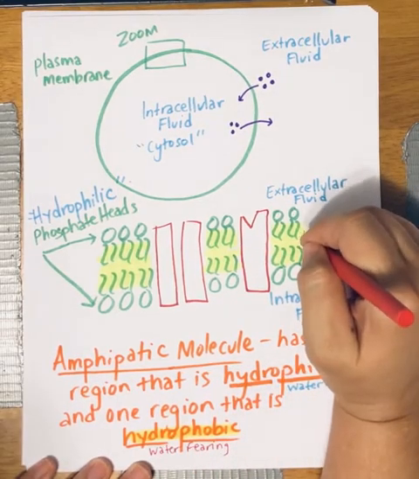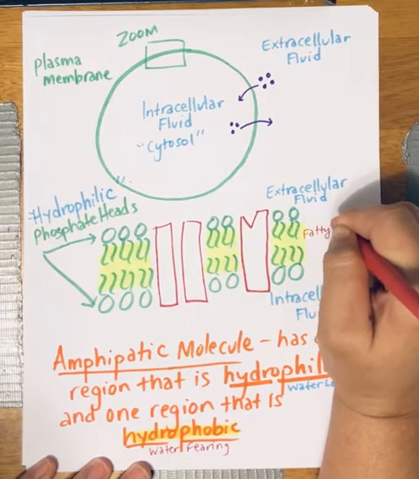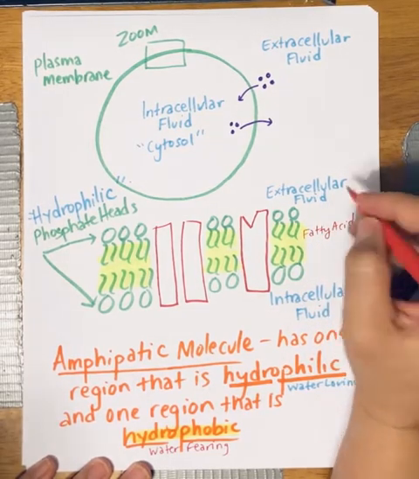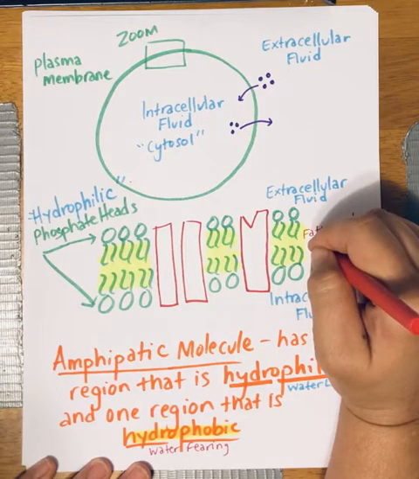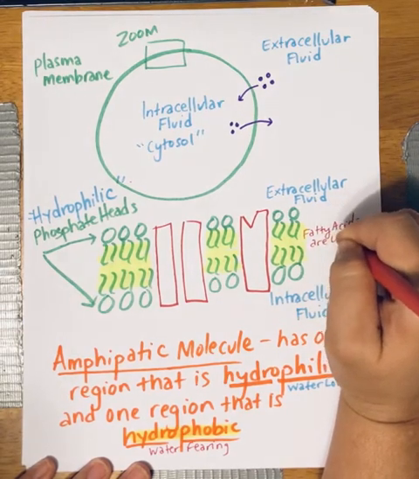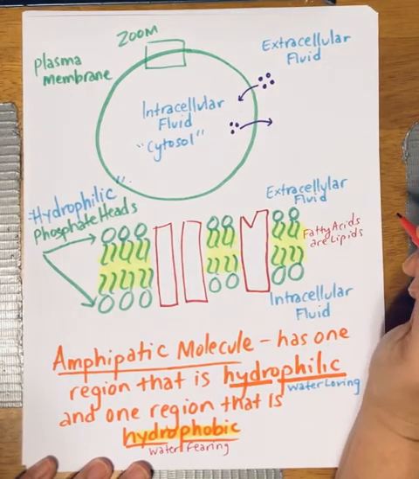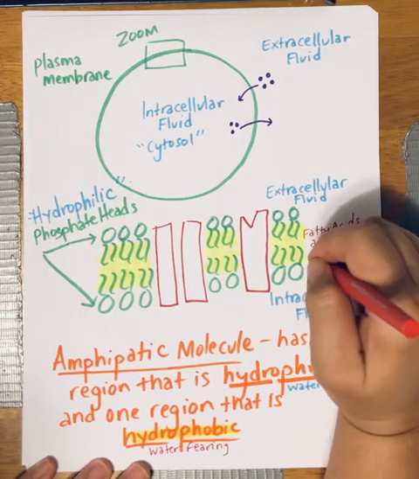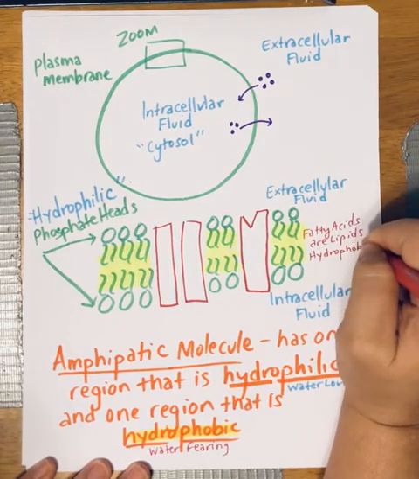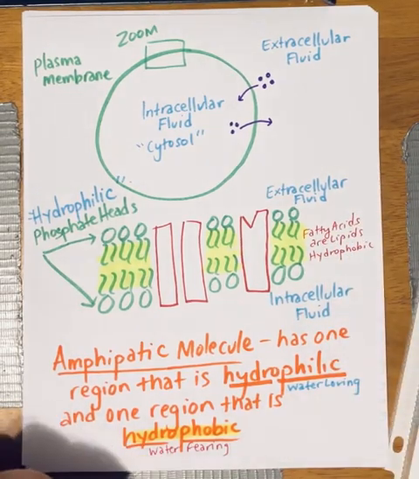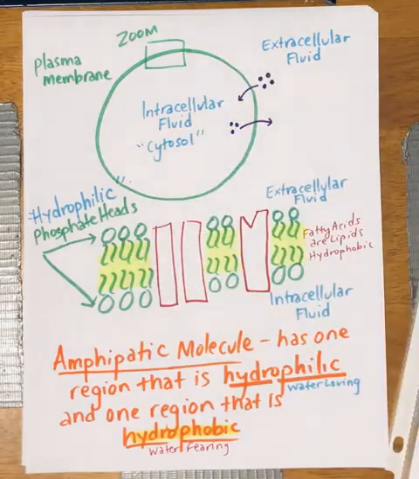Fatty acids are lipids. And when we think about fat, fat does not like water, so these are going to be hydrophobic. Now that's important when we talk about the cell and what can pass through certain areas of the cell.